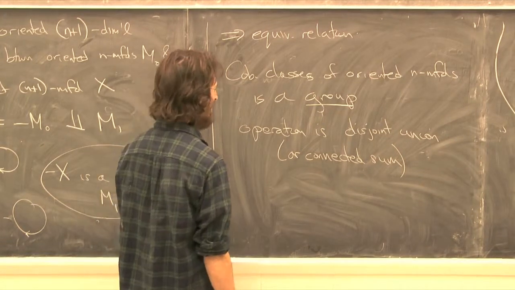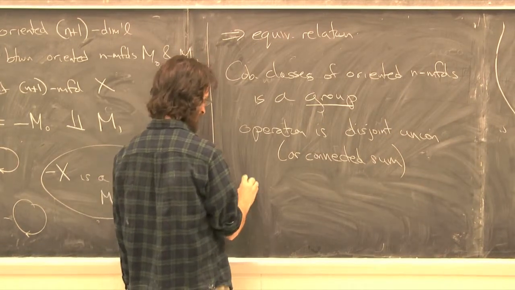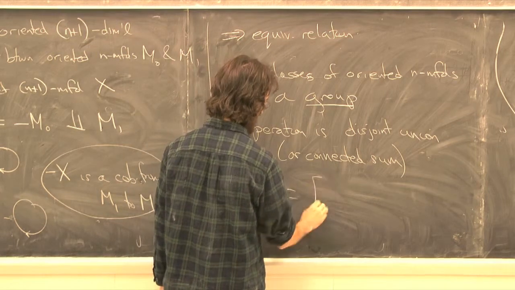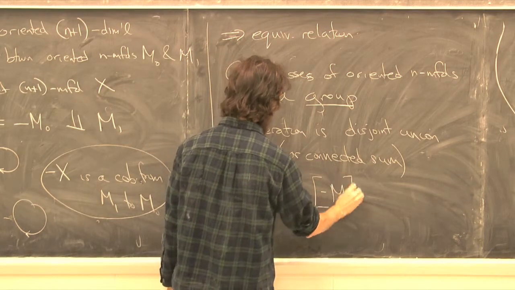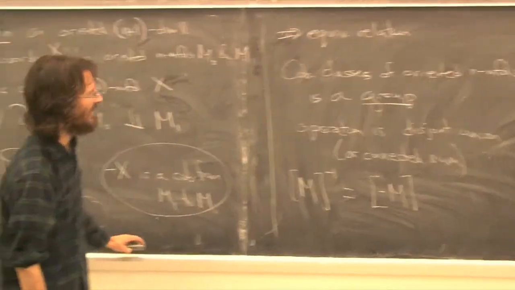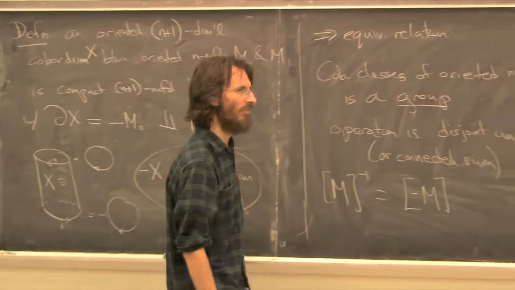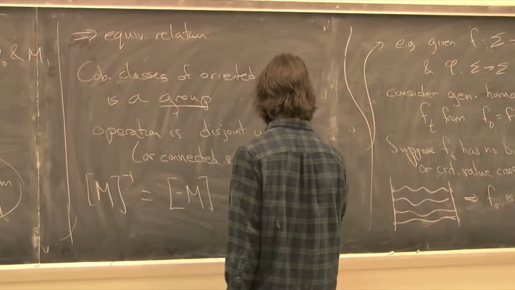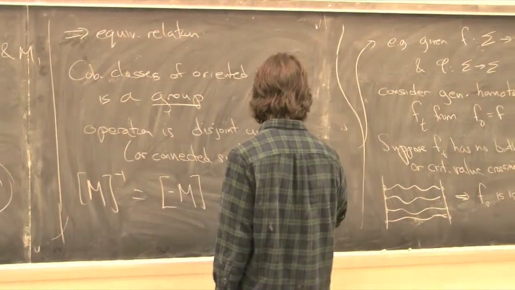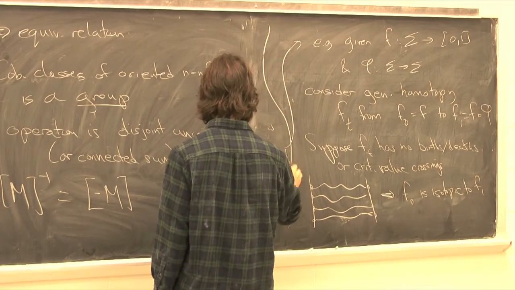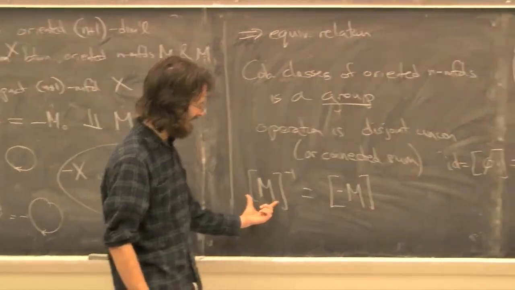Okay, and if you check this is well defined, it's not that hard. What about inverses? The inverse of the equivalence class of M is the equivalence class of minus M. Why is that? Well, what's the identity? The identity is either the empty set, or the sphere, or anything else that bounds something, right? And how do you see that this is the inverse?